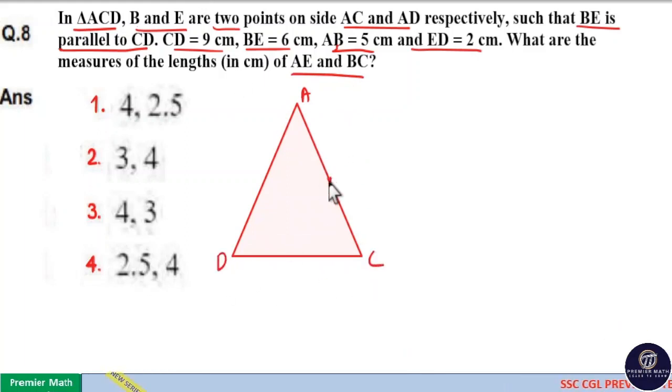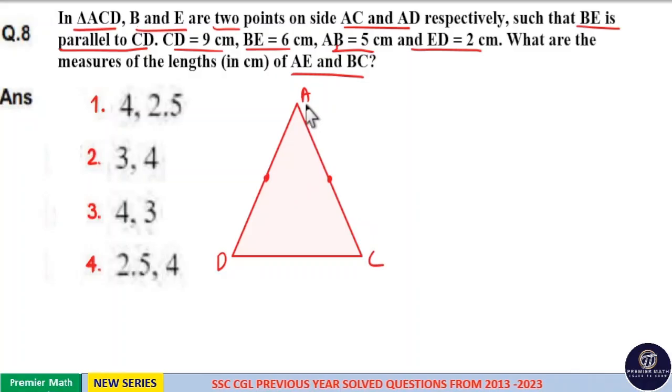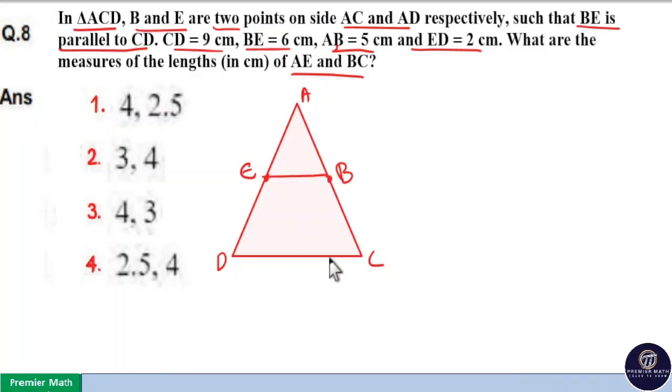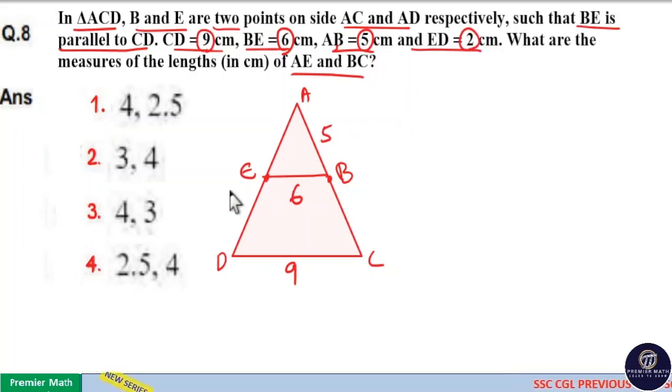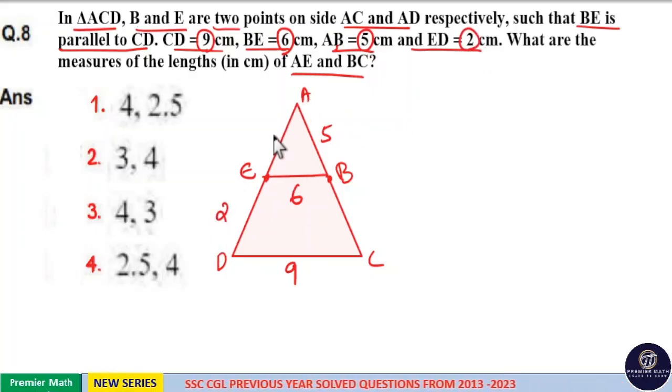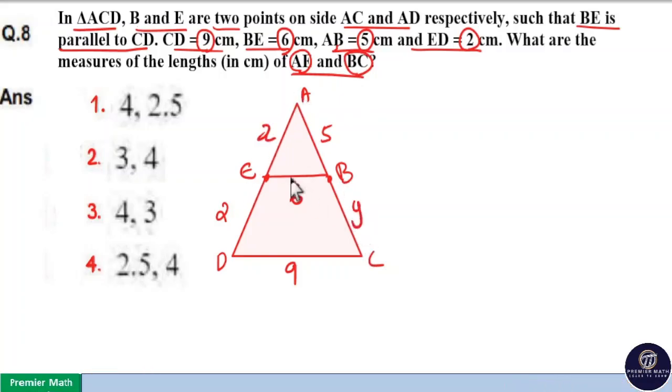Now, B and E are 2 points on sides AC and AD respectively. Now, BE is parallel to CD, with CD 9 cm, BE 6 cm, AB 5 cm, ED 2 cm. Now we have to find AE and BC. So consider AE as X and BC as Y.